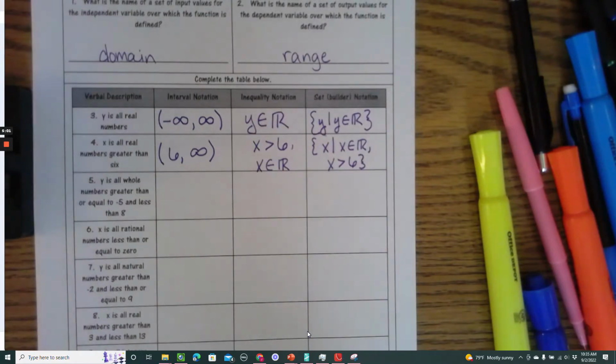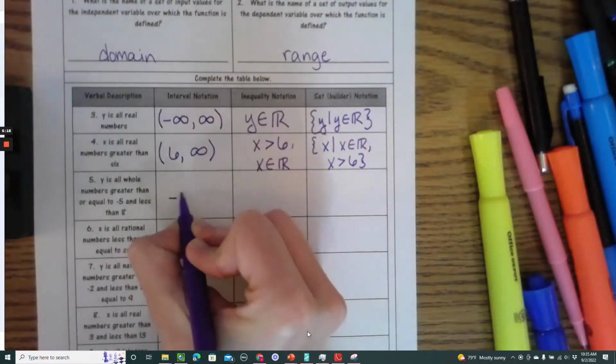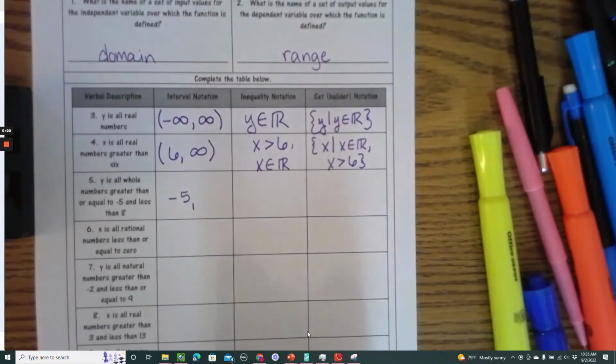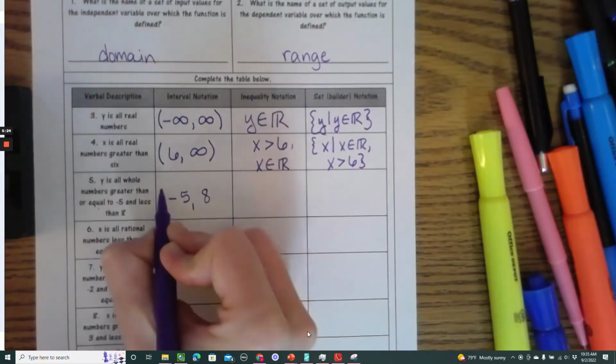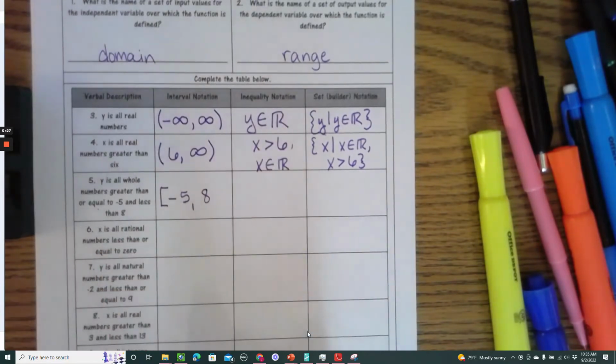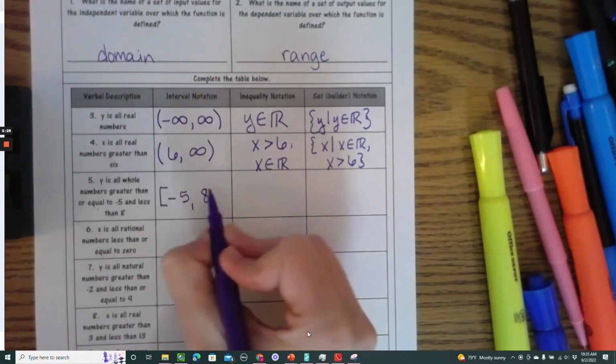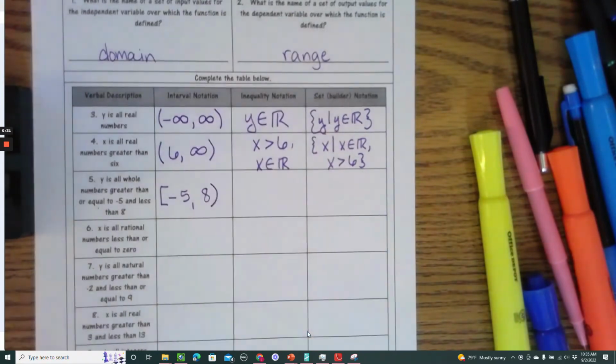All right, number 5. Y is all whole numbers greater than or equal to -5 and less than 8. So what's my starting point? -5. Starting at -5, where am I ending? 8. All right. Greater than or equal to gets a bracket. Less than gets a parenthesis.